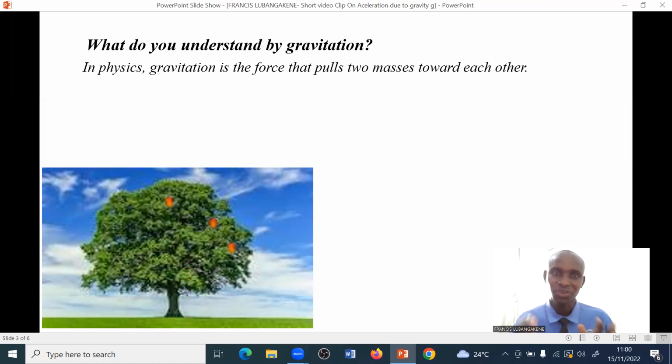In physics, we describe gravitation as the force that pulls two objects together. Pulling two objects together means that there exist masses. These ripened mangoes have weight, so having weight, they will be attracted to the mass of the earth. Having been attracted to the earth, they are going to be pulled down to the earth.